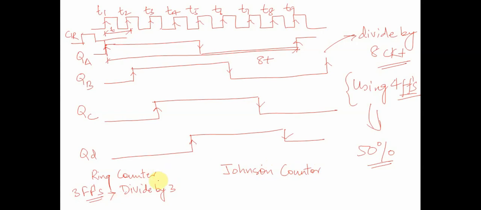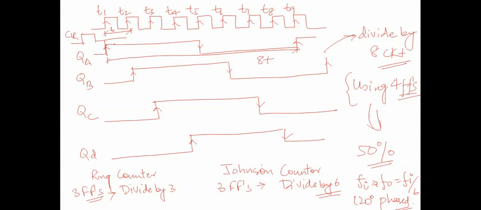This was modulo n, and this will be modulo 2n, so it will be divide by 6. What this would mean is if we are inputting a clock frequency f, the output would be f input by 6, and it would generate a 120-degree phased waveform, that is 360 by 3.